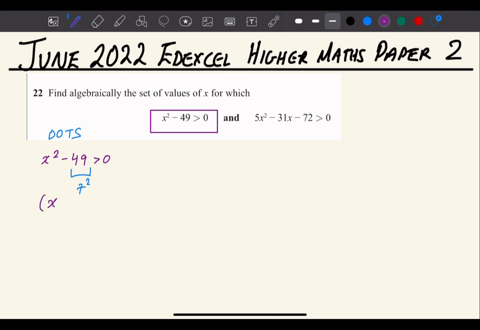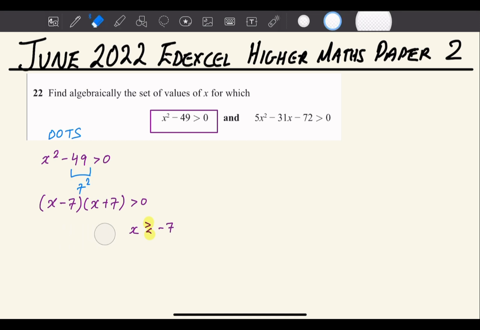So we know it's the difference of two squares, and we can write x minus 7, x plus 7 is greater than 0. Now the solutions are x is greater or less than 7, and x is greater or less than minus 7. We don't know which is which, whether it's greater or less than.